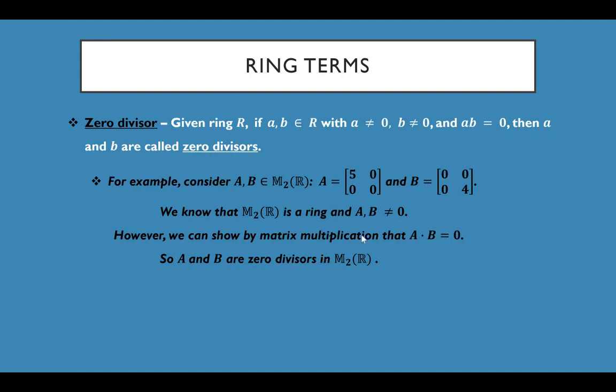However, if we multiply them together, we do get the 0 matrix. So we would call these zero divisors. So zero divisors are elements in your set that when multiplied equal 0, but they're not 0 themselves. Many sets do not have zero divisors, but here's an example of that.